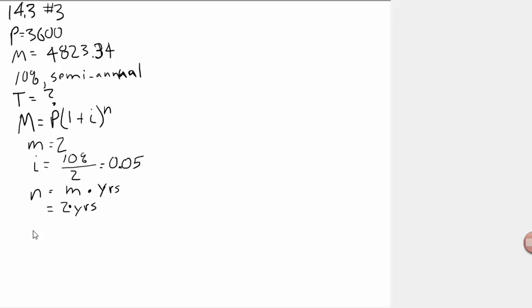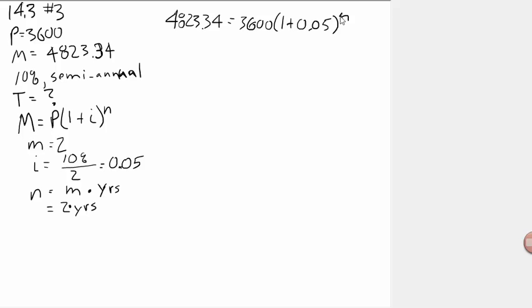So let's begin our problem now. We can plug in what we know. 4,823.34 equals our principal, 3,600, times 1 plus i, which is 0.05, raised to the n.